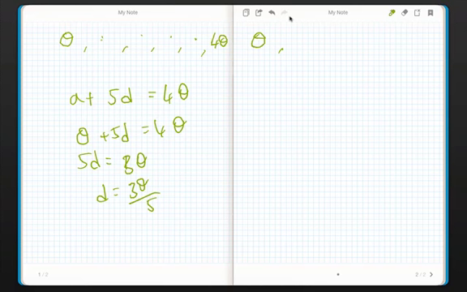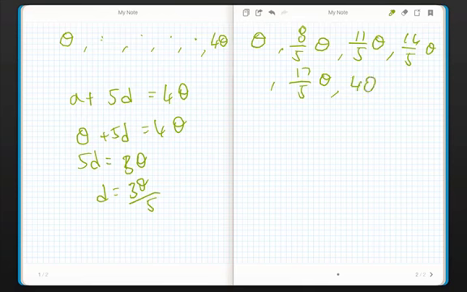The second term is theta plus 3 by 5 theta, because the common difference is 3 by 5 theta, so 1 plus 3 by 5 is 8 by 5 theta. The next is 8 by 5 plus 3 by 5, which is 11 by 5 theta, then 14 by 5 theta, 17 by 5 theta, and finally 4 theta. So this is our sequence.